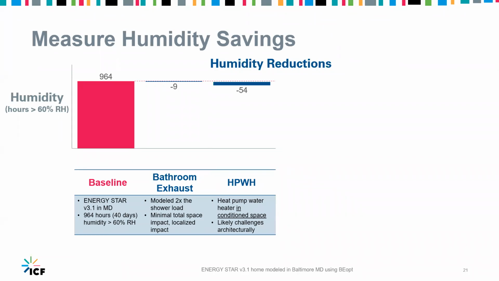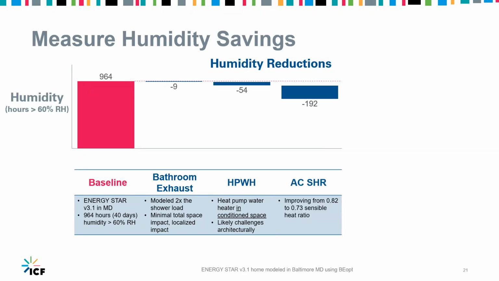It's basically working kind of like an air conditioner does. It's dehumidifying at the same time. So the big assumption here is that I put it in the conditioned space. Could be a challenge in practice for some home designs, but I wanted to see what the impact was, and it cut 54 hours. So a little bit of a boost, but not huge.